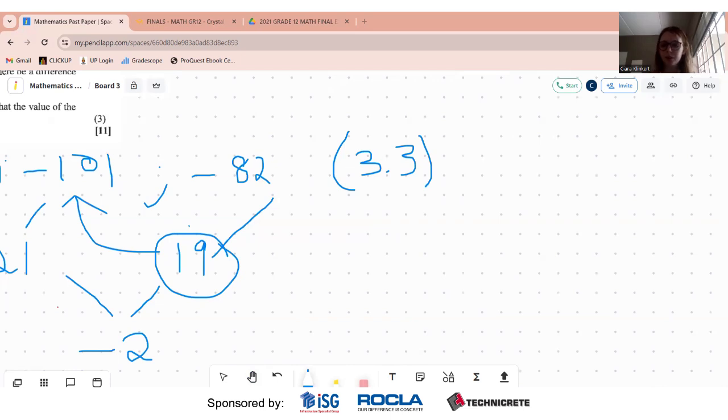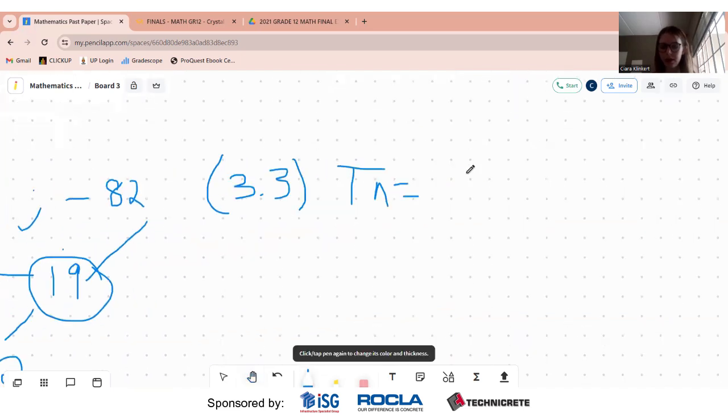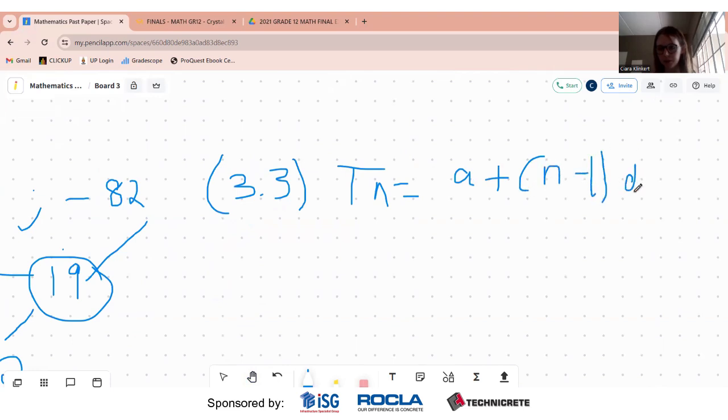Remember, a always refers to the first term of the sequence.